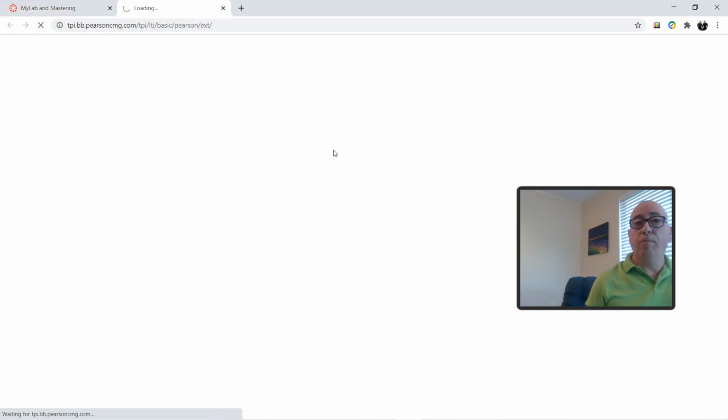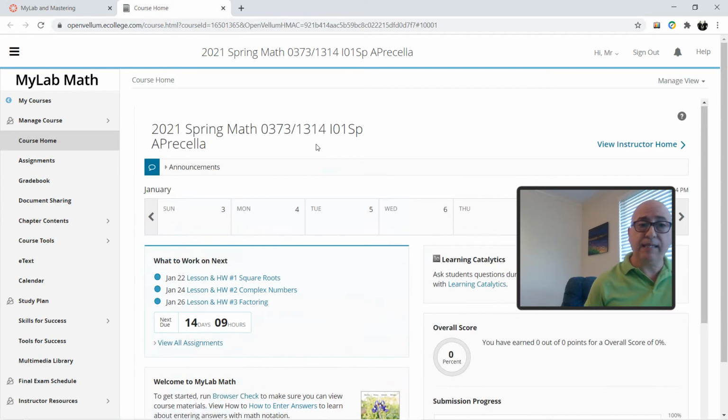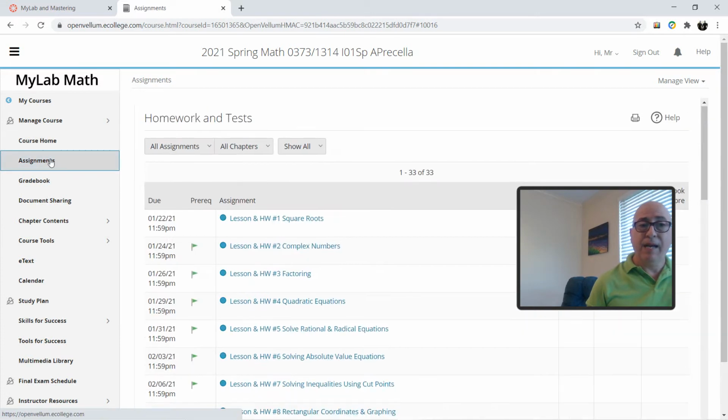Then say Open MyLab and Mastering. And now you're in the Pearson website. And to get started with the course, you click Assignments, and you start with lesson number 1, square roots.